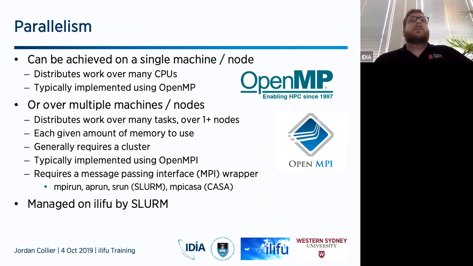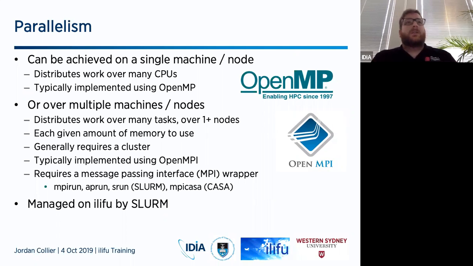Or you can also distribute processes over many machines or nodes on a cluster. This will take many different tasks, and you will use at least one node, but maybe multiple nodes. Each of those workers is given a different amount of memory to use, either as partitioned from a total memory you've given it, or perhaps you've given it a memory per CPU, or amount of memory per task.